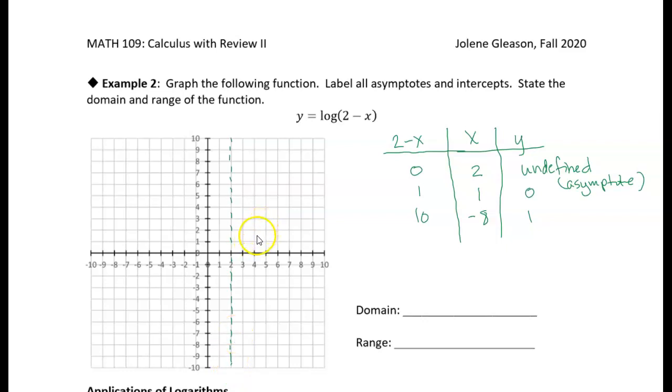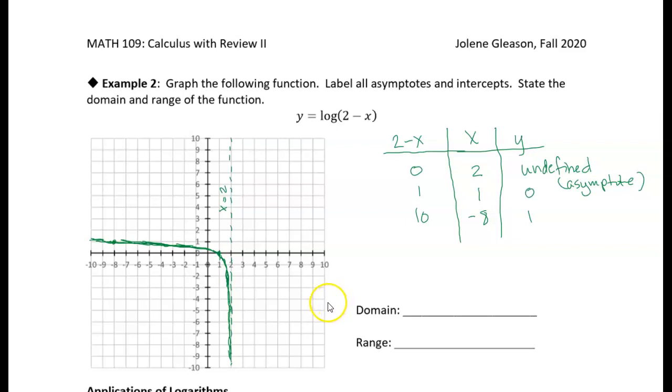All right, and then when x is equal to 1, y is equal to 0. So I have this point right here. It's on my graph. And when x is equal to minus 8, I get 1. All right, so what does that look like? Let's connect the dots. All right, so there's kind of a sketchy sketch of what that graph looks like.